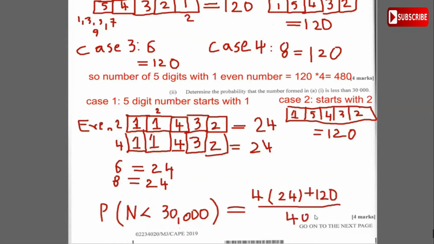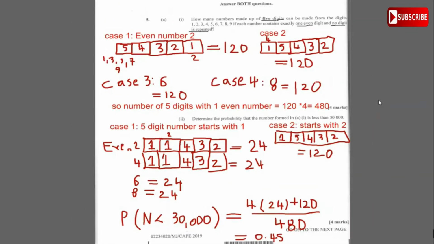So you work that out now. 4 times 24 plus 120, divided by 480, that's 0.45. So there's a 45% chance that the number is going to be less than 30,000. Nice and easy. So there's a 55% chance the number is going to be greater than 30,000.